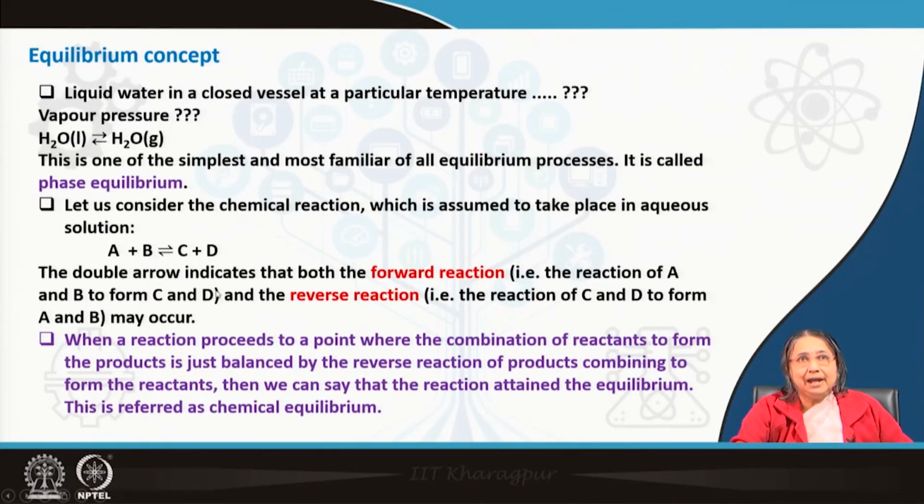The double arrow indicates that both the forward reaction, the reaction of A and B to form C and D, and the reverse reaction, the reaction of C and D to form A and B, may occur. That means while the forward reaction occurs, a backward reaction is also occurring in this particular reaction.